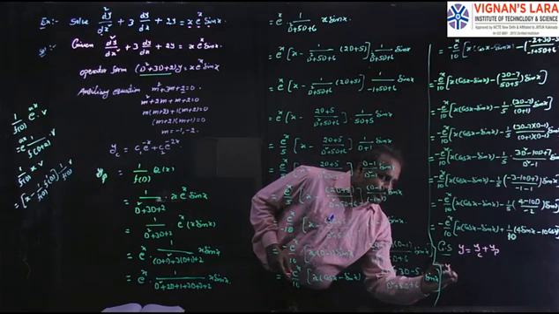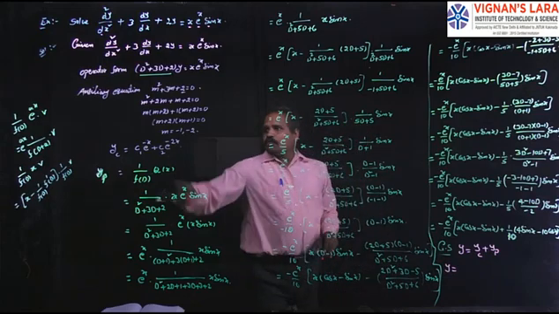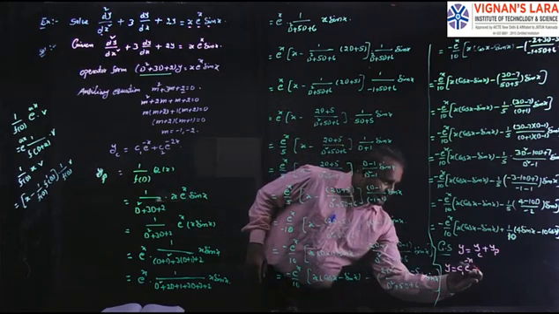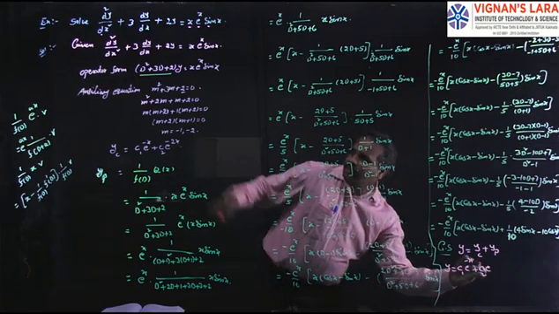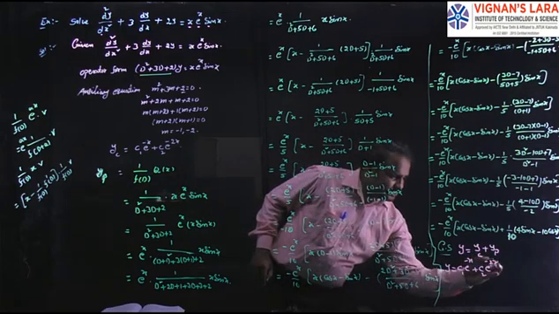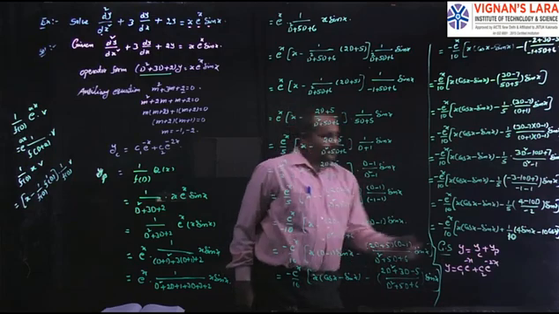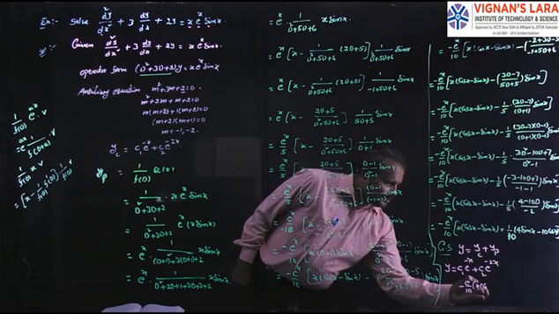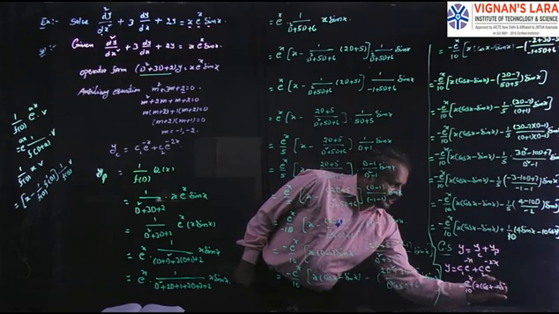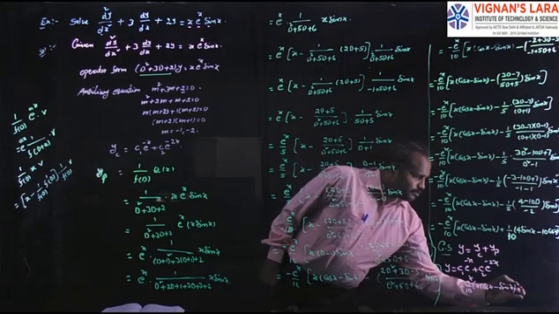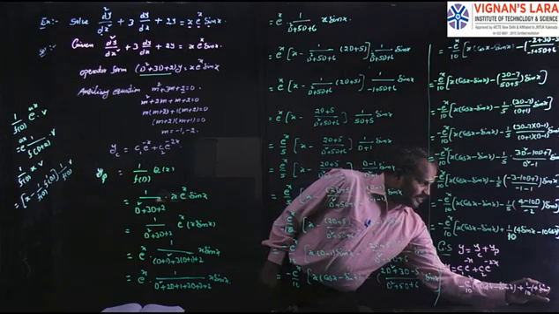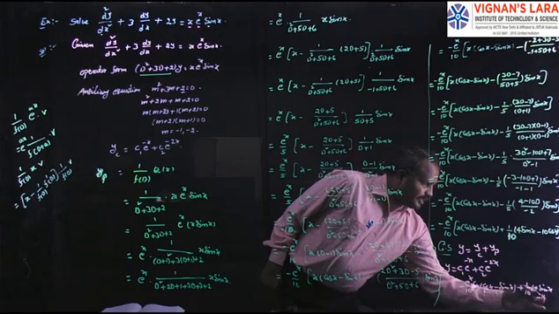What is the value of yc? c1 e power minus x plus c2 e power minus 2x. The particular solution is this one: minus e power x by 10 into x into cos x minus sin x, plus 1 by 10 into 4 sin x minus 10 cos x.